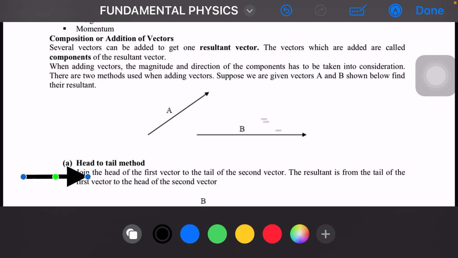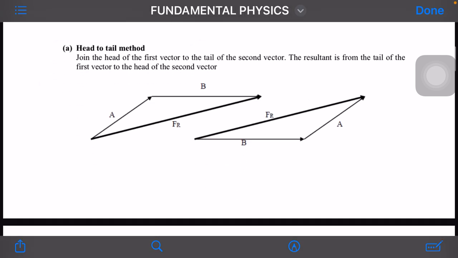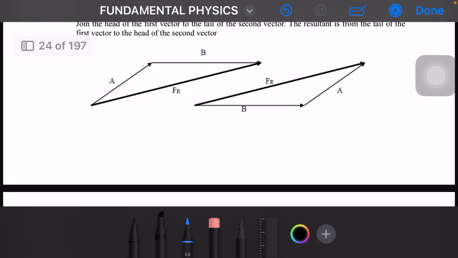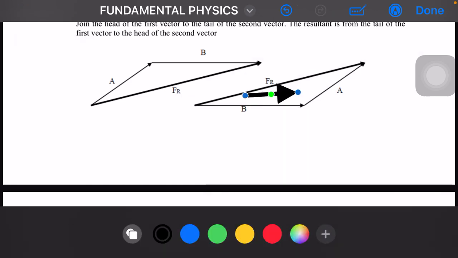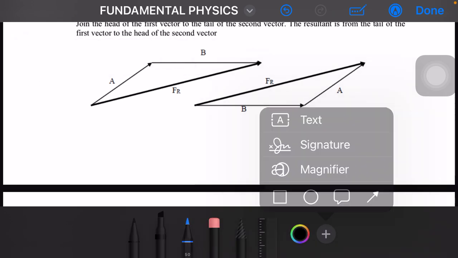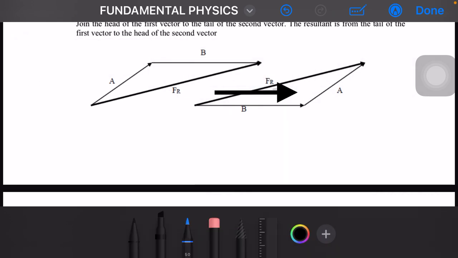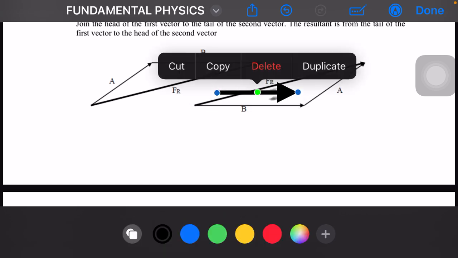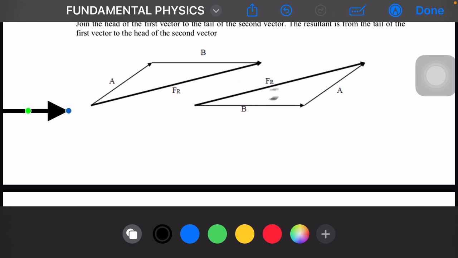Number 1A, the head to tail method. That's the method we're going to use to find the resultant of these two vectors.